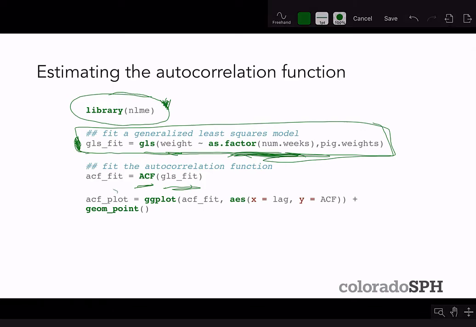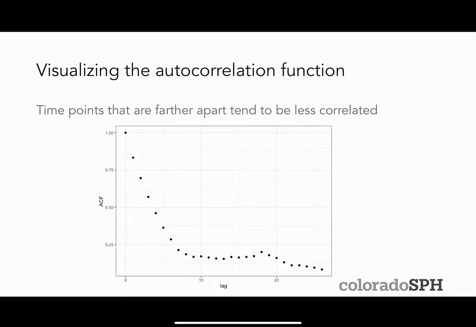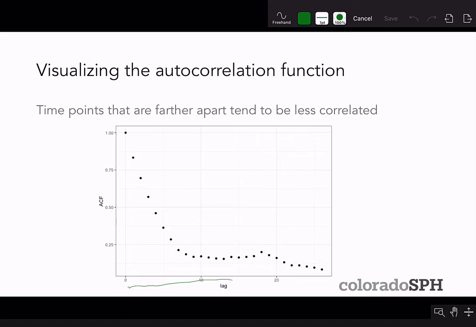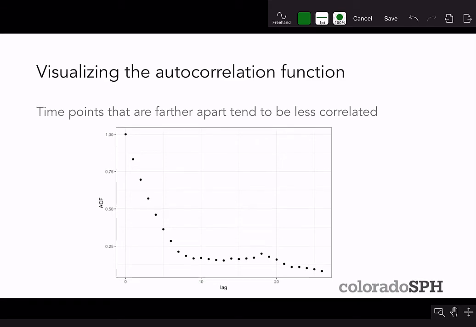Then to actually get a plot, I'm going to produce two different plots, but one of them I'll make in ggplot where we look at the lag on the x-axis and the autocorrelation function that's calculated on the y-axis. Let's talk about that first. That plot is here. As lag increases, meaning as distance between time points increases, the autocorrelation function is decreasing. So that just means that time points that are farther apart tend to be less correlated.